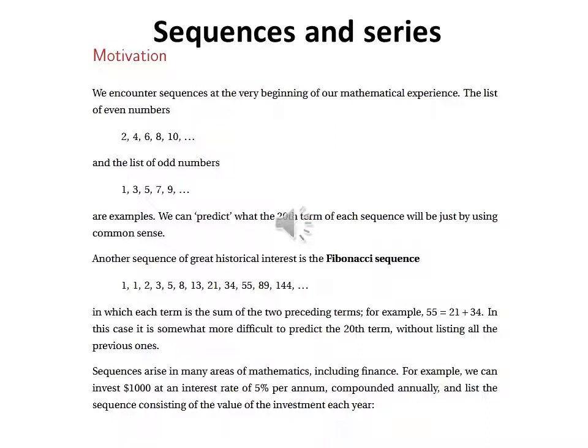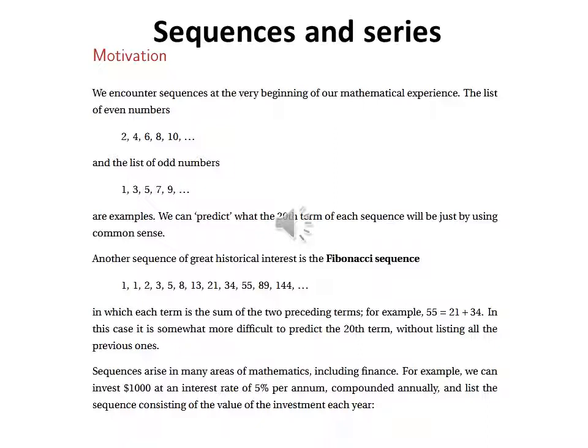Another sequence of great historical interest is the Fibonacci sequence 1, 1, 2, 3, 5, 8, 13, 21, 34, 55, 89, 144, in which each term is the sum of the two preceding terms. For example, 55 equals 21 plus 34.